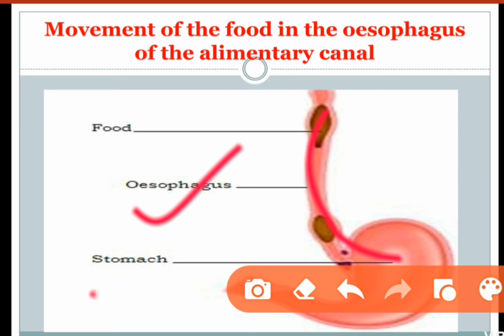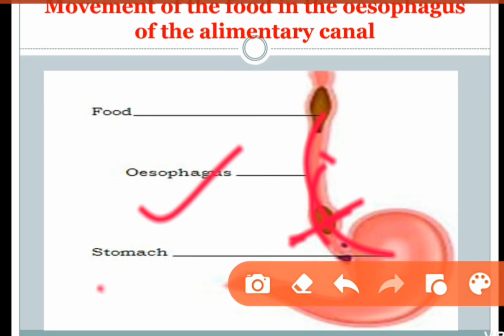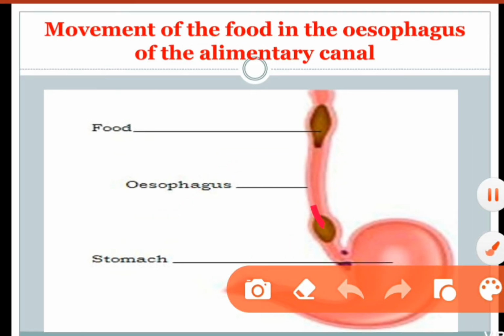The muscles then close and prevent the food from going back into the esophagus. Otherwise, food is not accepted by our stomach and is vomited out.